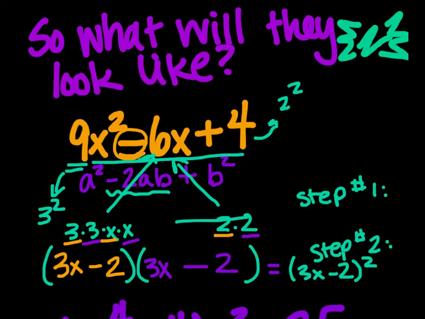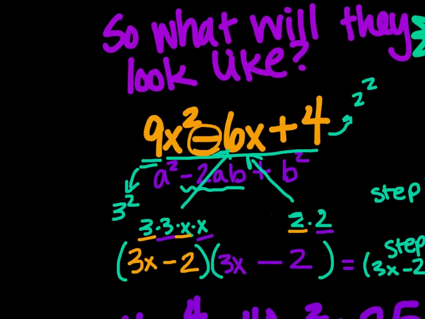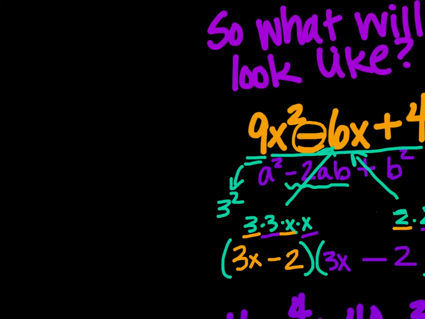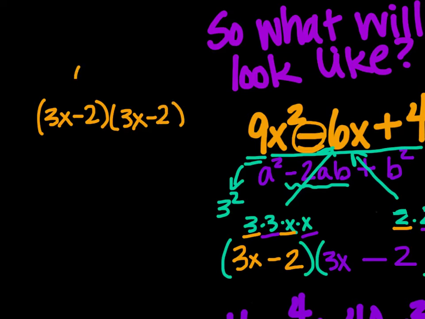Now let's check and make sure our work actually makes sense. If we do FOIL on 3x minus 2 times 3x minus 2, essentially that 3x minus 2 squared situation, here's my first term: 3x times 3x is 9x squared.